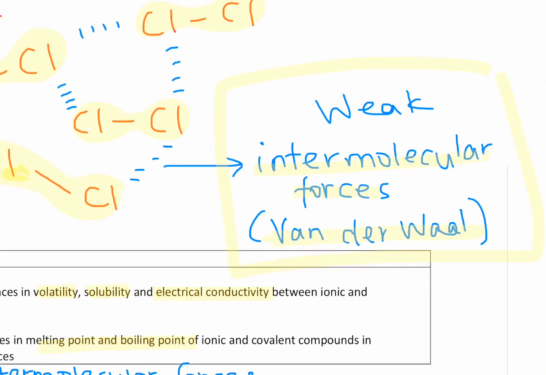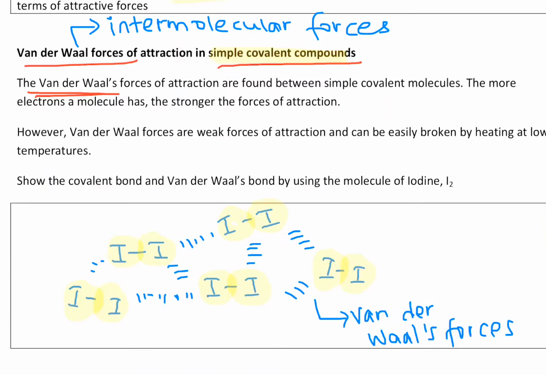So if you have to show the covalent bonds in the iodine molecule, this is what the covalent bond will be. So inside you have the covalent bond here, and in between two or three molecules, you will have the van der Waals forces.